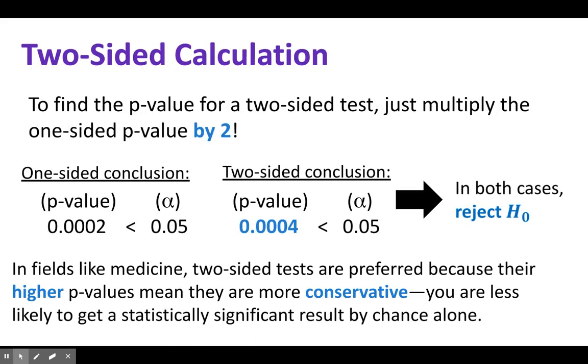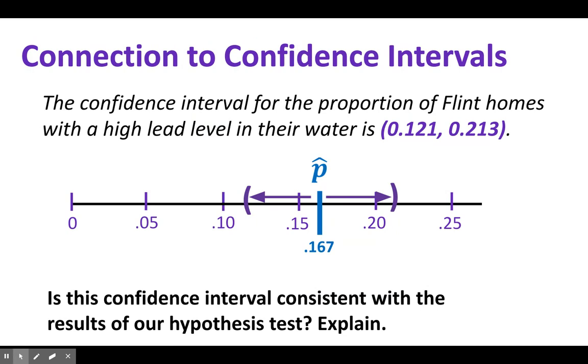Just to connect it to confidence intervals, if we did a confidence interval, and I didn't actually take the time to show the steps, but based on the sample data we got, the confidence interval would be 0.12 to 0.213. Is the confidence interval consistent with the result of the hypothesis test?